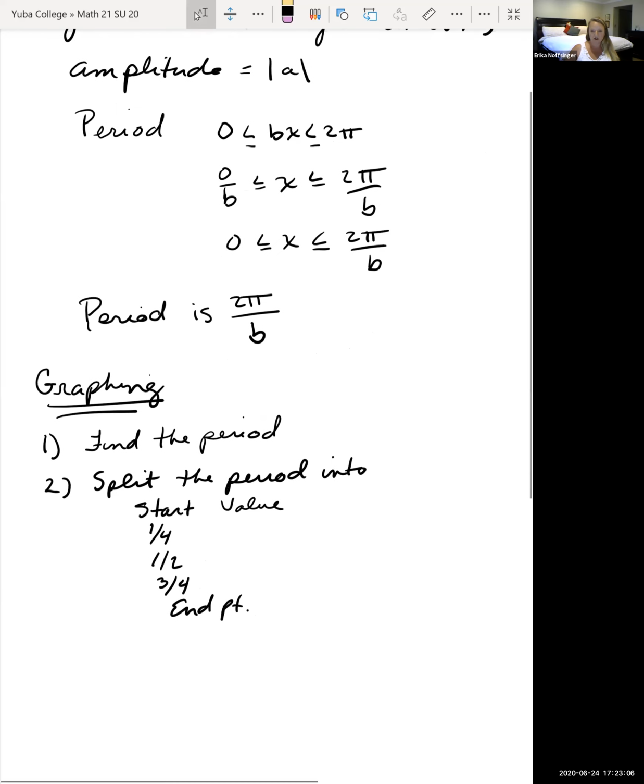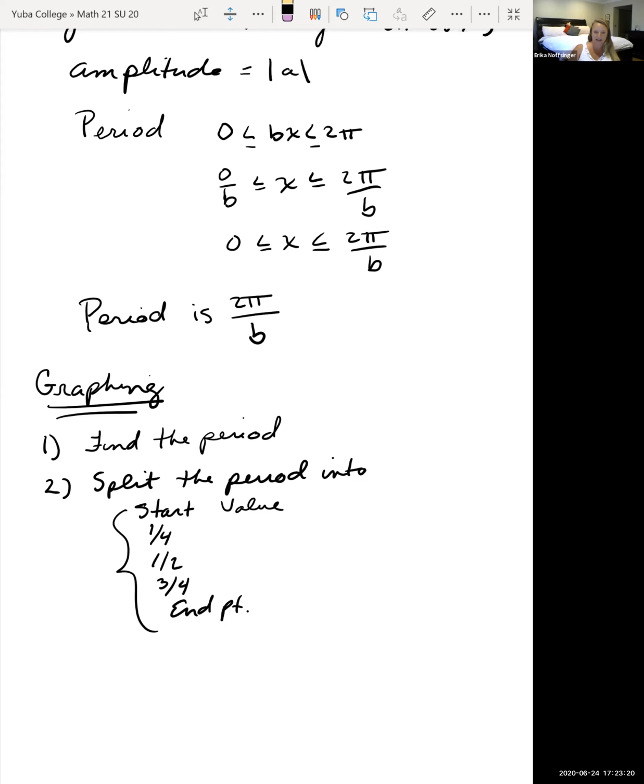Those are all important points. Those were either points where it was going to hit a max or a min on the sine or cosine curve, or points where it was going to cross the x-axis. If we can find these values for what our period is, then it's going to be pretty easy to plot.